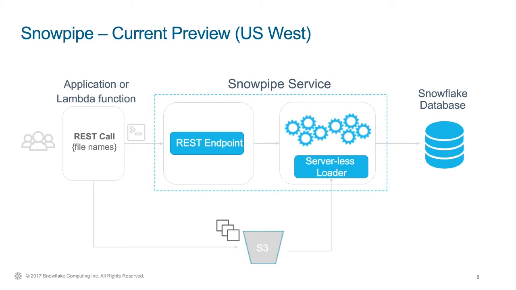As soon as the files are persisted there, you would invoke the REST API for Snowpipe from your application or your Lambda function. Snowpipe then places, as I mentioned, these files in a queue just right behind the REST endpoint, and then you have the serverless loader that works off of that queue to load the data into the target tables that you have defined.